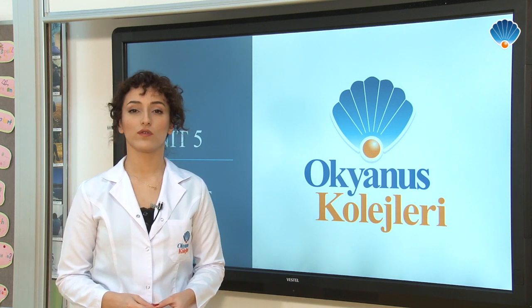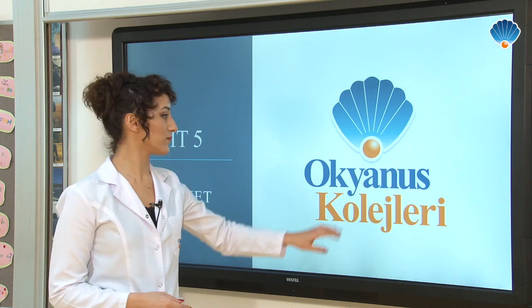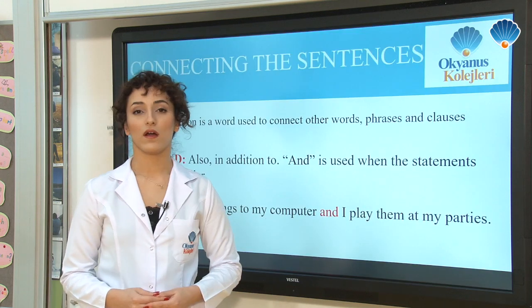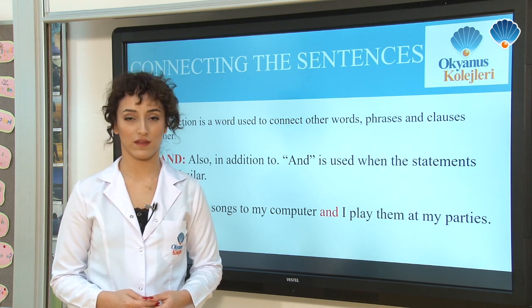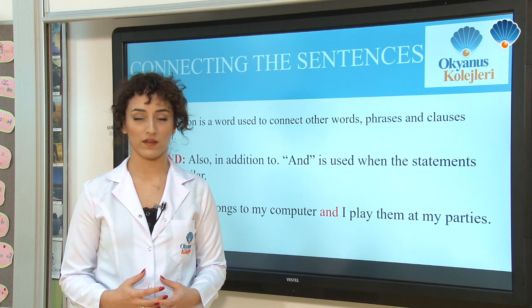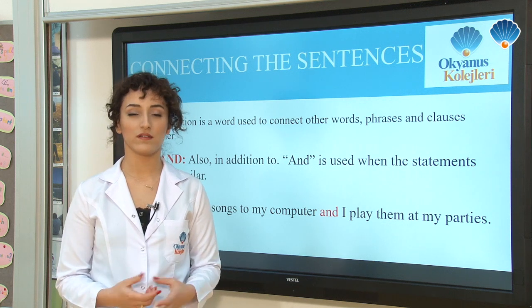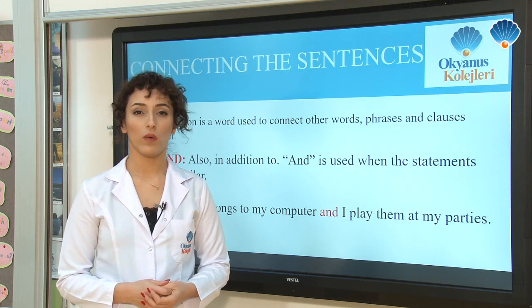Now we're going to talk about Unit 5, the Internet, for the 8th graders. Our first subject in Unit 5 is connecting the sentences. To connect sentences, we need some linkers, or we call them conjunctions.